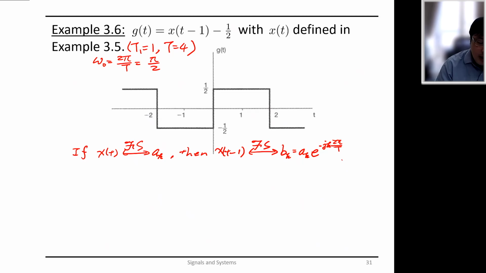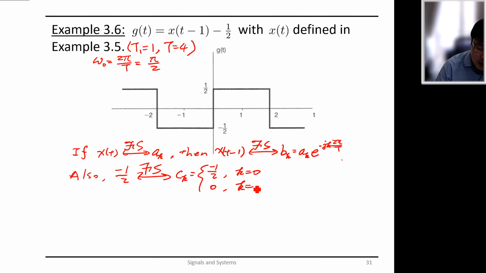Now for the second term, 1 over 2, this is just a constant term, so there are no higher frequency components. If you compute its Fourier series coefficients, you'll find that you only have a value 1 over 2 for k equal to 0 and 0 for all other k.